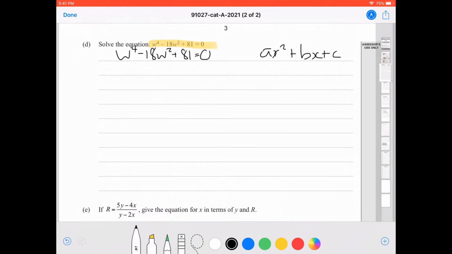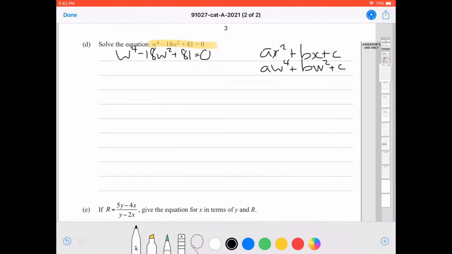And what have we got here? We've got a, in this case it's w to the power of 4, plus b w squared plus c. Apart from the w's, the only difference is that the first term is to the power of 4 and not 2, and the second term is to the power of 2 and not 1.